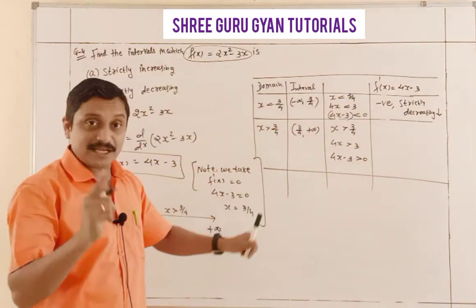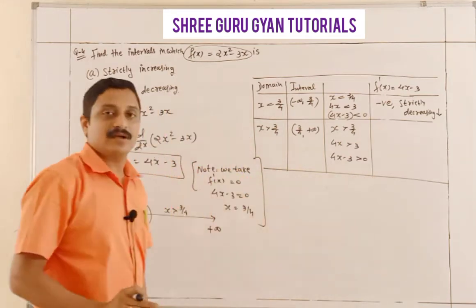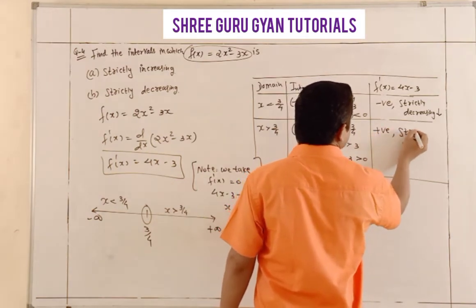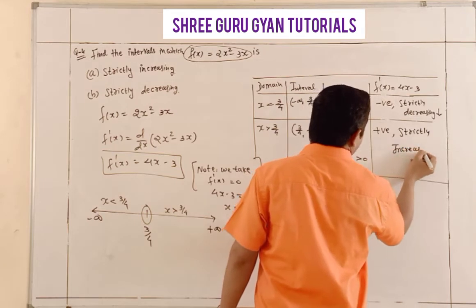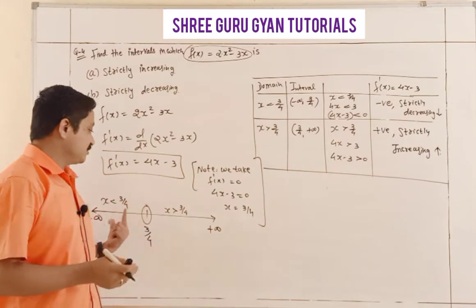A table is necessary to write down in the example, so students, it is compulsory. So here your f'(x) is positive. So my answer is strictly increasing. That's your answer.